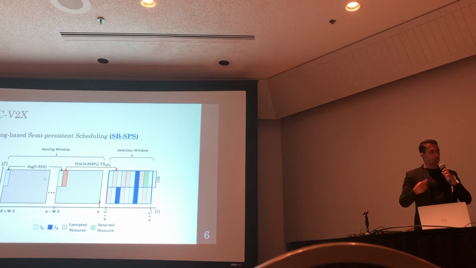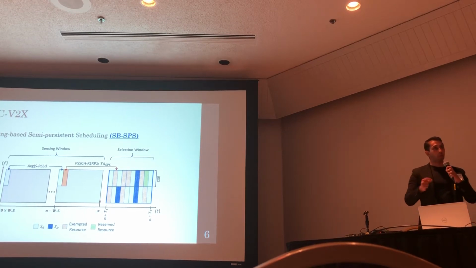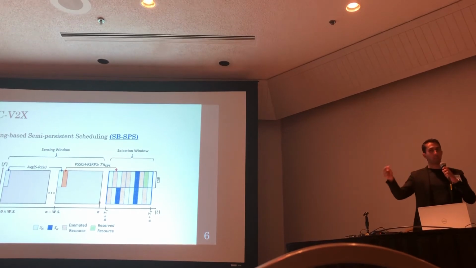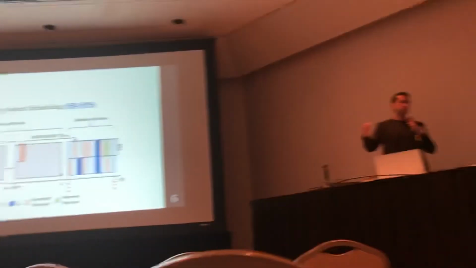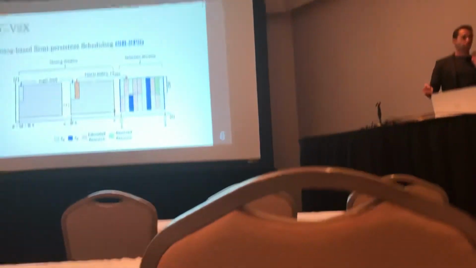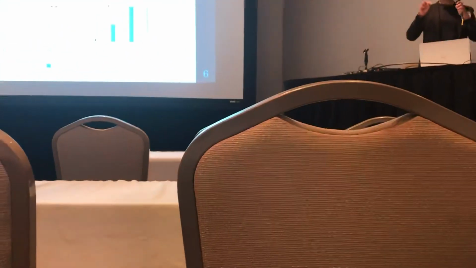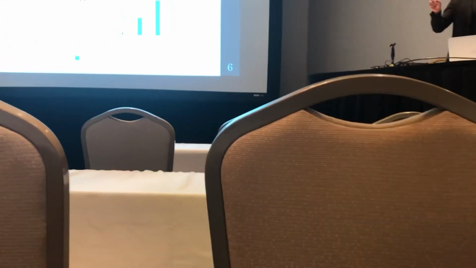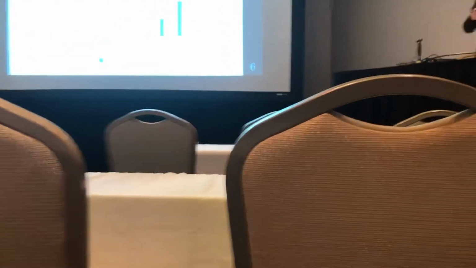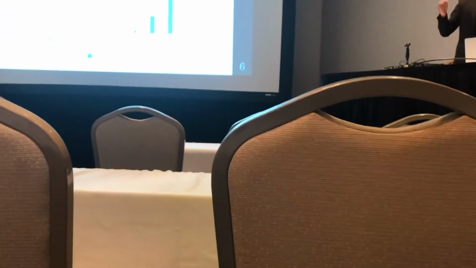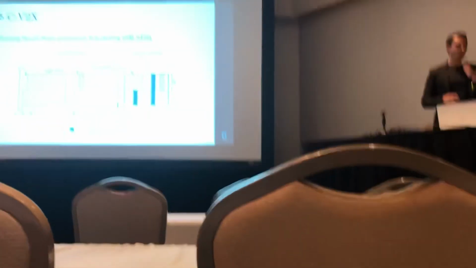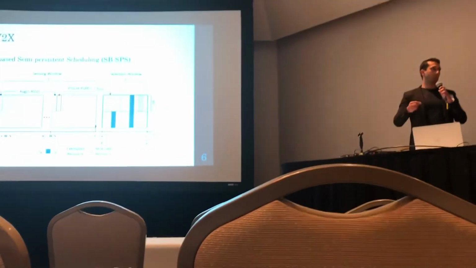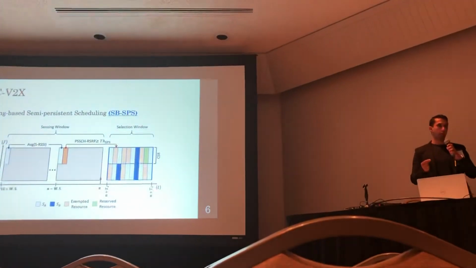And then we use it to make sure that we are not colliding with the UEs that are close to us. So let's say a node is hundreds of meters far from me. If I also write my message on the same radio resource that node is transmitting on, there will be a collision between us. But it's not really a big deal because we are already too far from each other. What I'm really trying to achieve is to avoid collision between nodes that are close to each other.